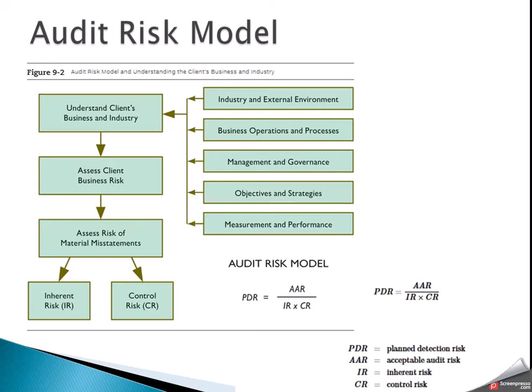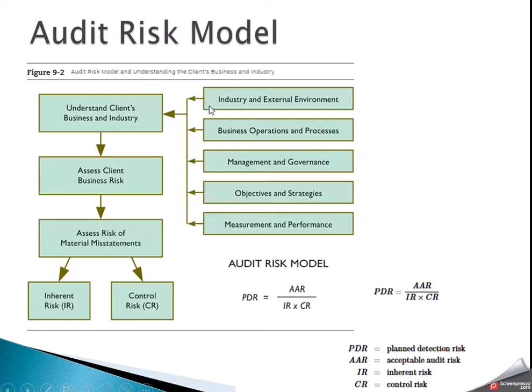This is a nice little figure of the audit risk model. It goes like a flow chart to say we have to understand the client's business and industry. We assess their business risk, and then we assess our risk of material misstatement, inherent risk, and control risk.